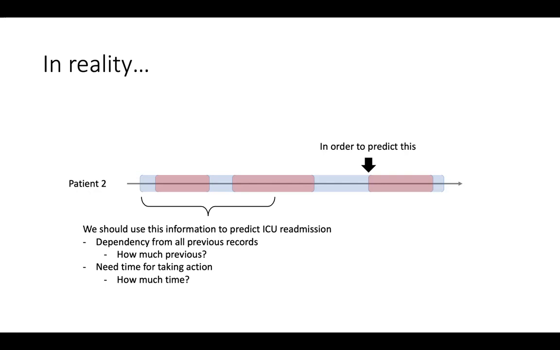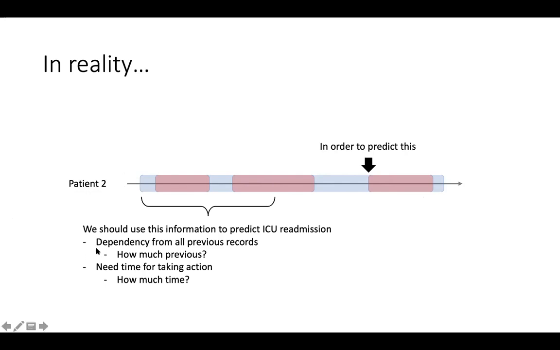But it's probably unlikely that information from the previous hospital visit would be relevant to predicting this event, because something probably went wrong here or here, and that's why the patient ended up back in the ICU. So it's probably something that happened within this time frame. It's probably not a good idea to go all the way back to a year ago, or 2 years ago, 3 years ago.